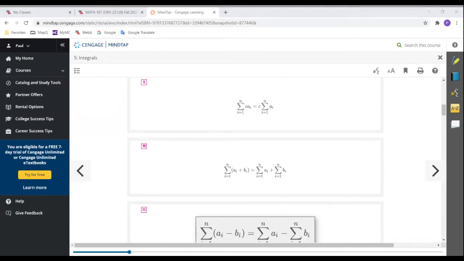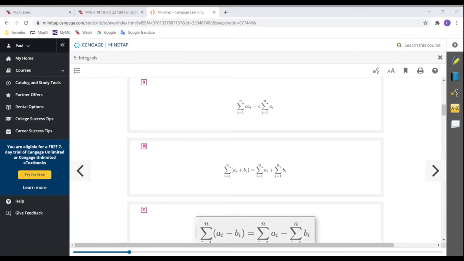Well, good. When you see those properties, the properties for integrals, for definite integrals, are analogous to these properties for summations. They're absolutely analogous, and they should be, because definite integrals are defined as limits of summations.